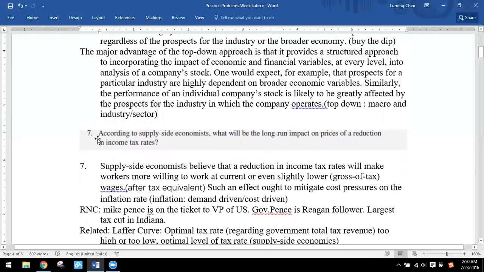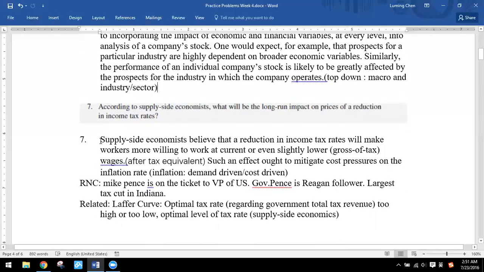Number two, according to supply-side economists, what will be the long-run impact on prices of a reduction in income taxes? When we talk about supply-side economists, there are several keywords that you can keep in mind, like the Ronald Reagan administration, and during the Reagan administration, the word Reaganomics, and tax cuts, and Tea Party, and so on.